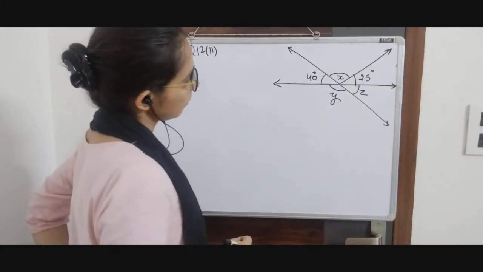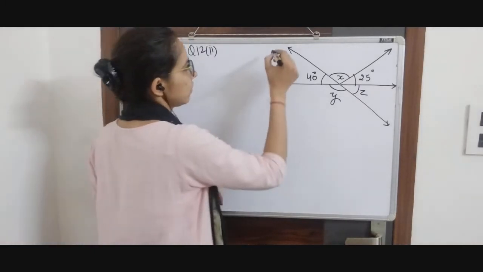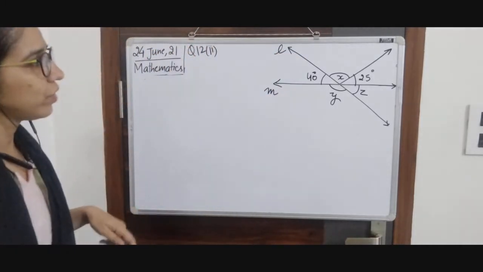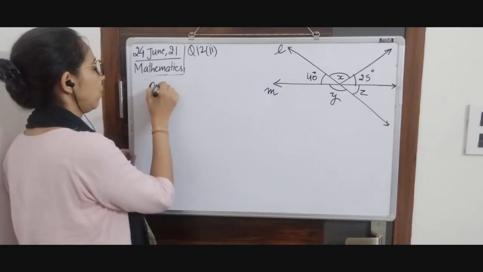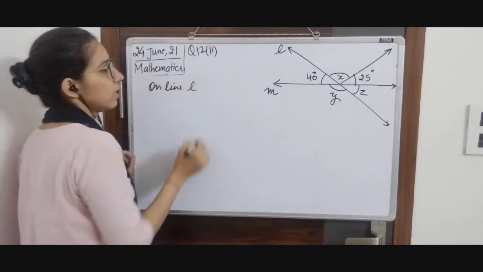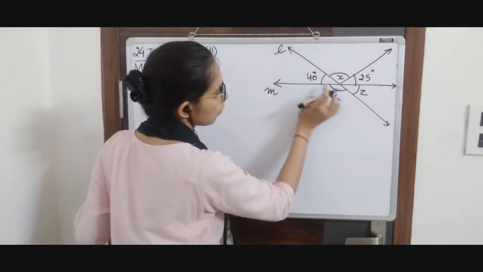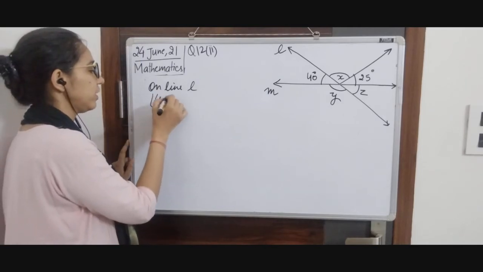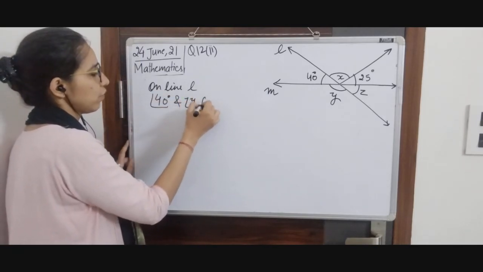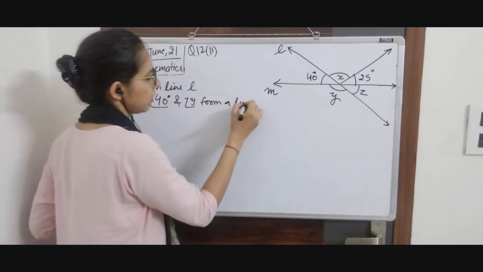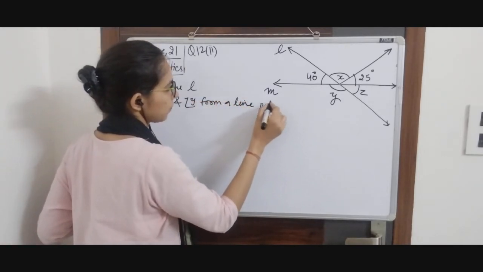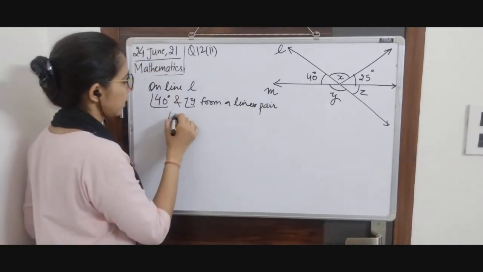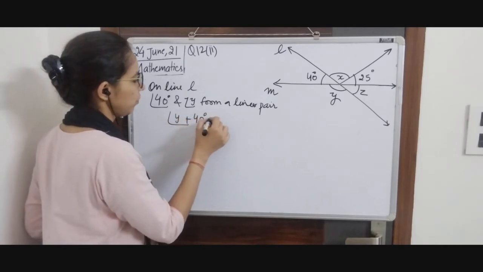Now like we did in previous question, we have to find out the lines. We have two lines. I am naming it L and I am naming it as M. On line L, we have 40 and angle Y. And angle 40 degree and angle Y form a linear pair. So angle Y plus 40 is going to be 180.